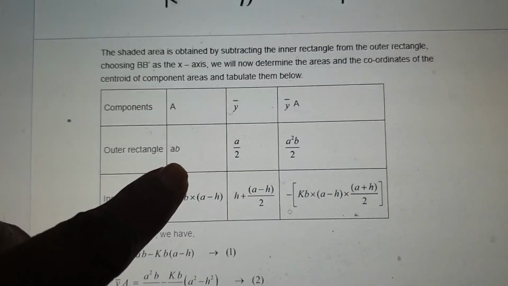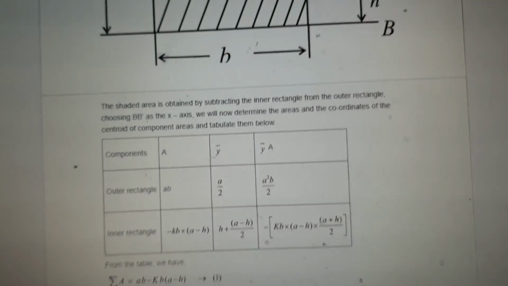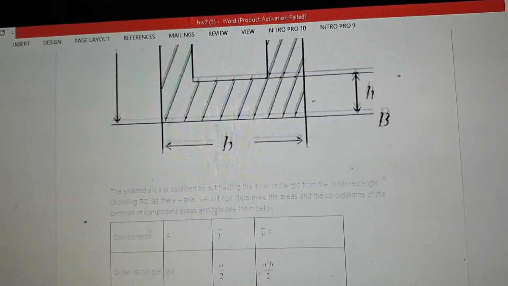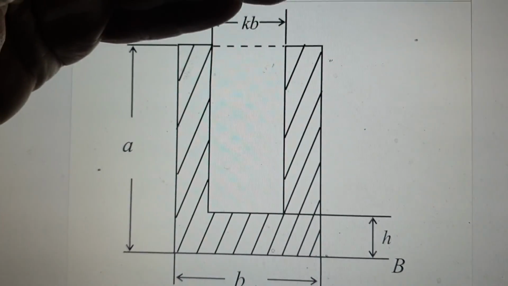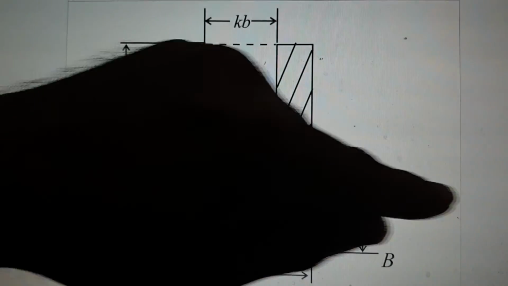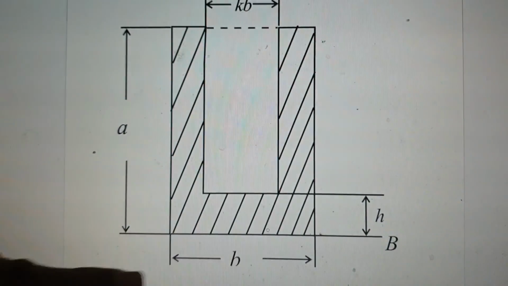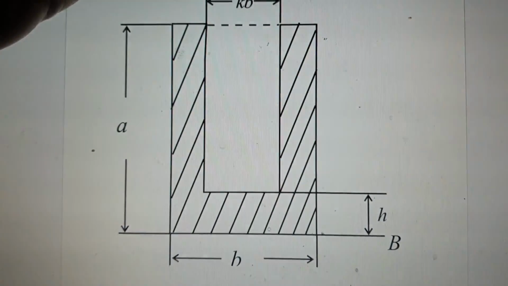Now, since we are dealing with the distance h, we should be dealing with the y. We're not going to take x bar. We don't care about x bar. X bar is in the x-axis, in this direction. We are caring only about the y-axis.